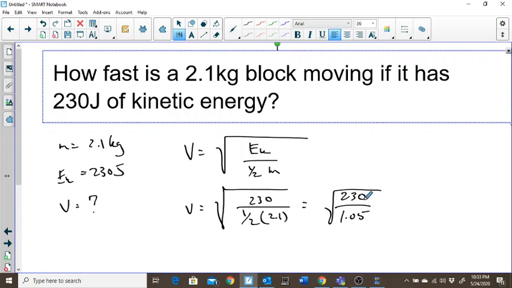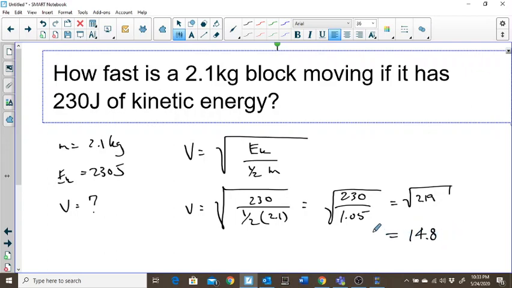And then we have to do the square root of that. So I'm going to go 230 divided by 1.05. So that's equal to the square root of 219. So do my square root button. There we go. And so what we get is 14.8.